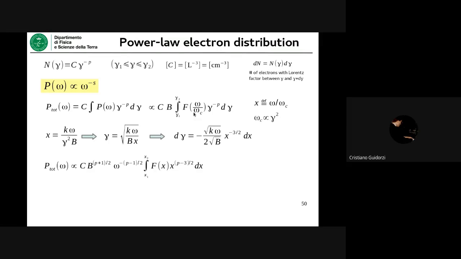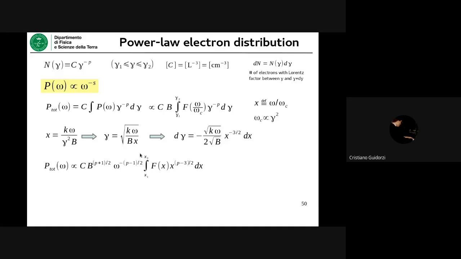You have to replace gamma to the minus p, but gamma is this guy here. So you have omega to 1/2 and to minus p, so omega to minus p/2. But then you also have, from the differential d gamma, omega to 1/2 minus... you can express here minus 1/2.